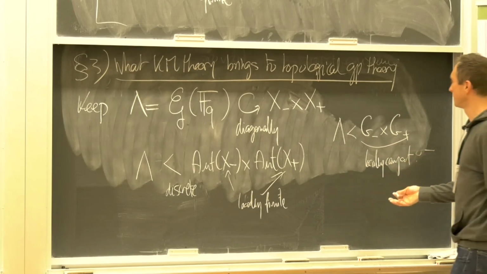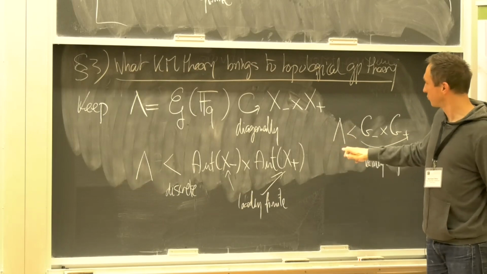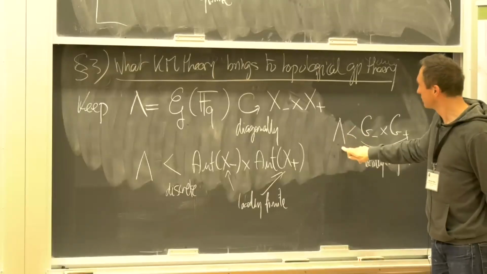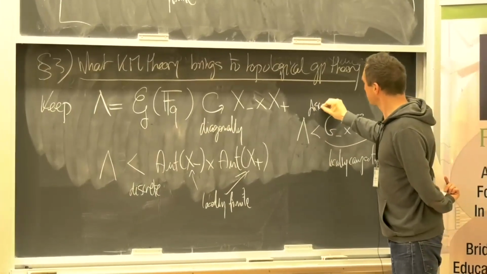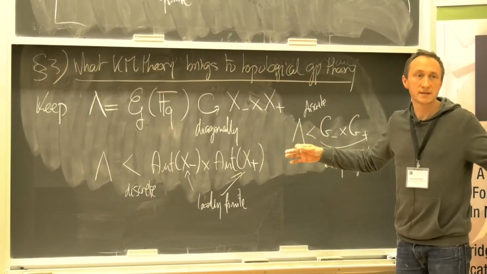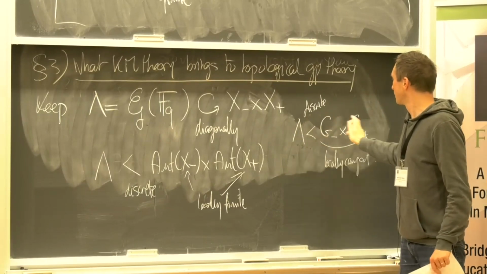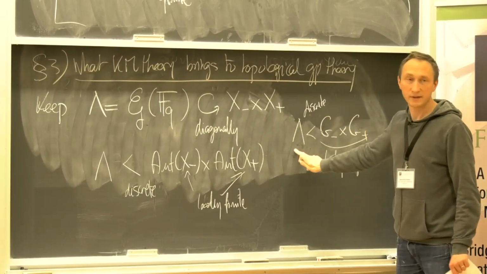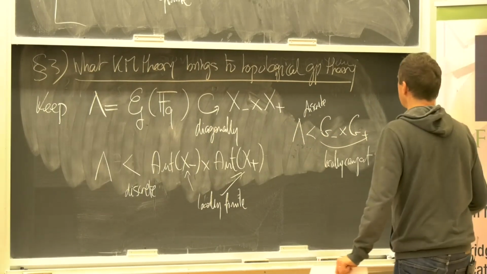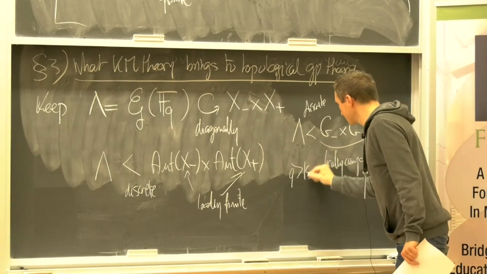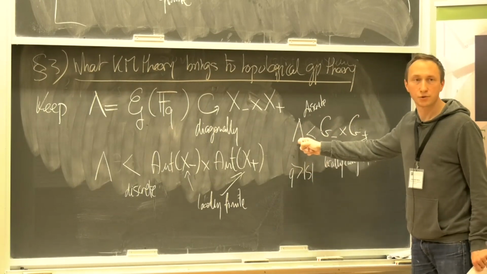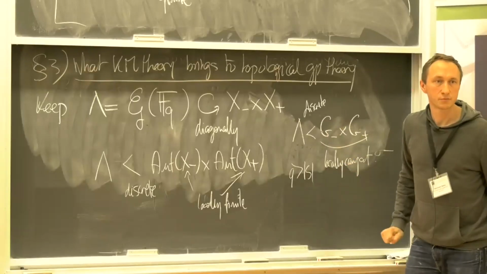And what we independently prove, Inna Capdeboscq, Howard Garland, and myself, is that if you take Q large enough, so this is always discrete, and if you take Q large enough, then lambda is discrete, but it's big enough in the sense that it's a lattice, meaning that the quotient of this product group by this group carries a finite invariant probability measure. In some sense, if Q is bigger than S, sorry, then this is a good discrete approximation of this product of groups.